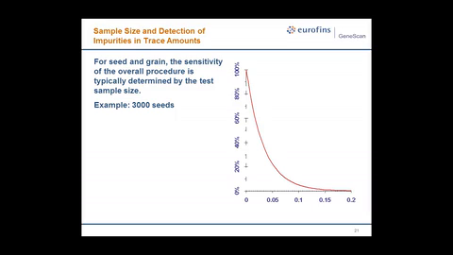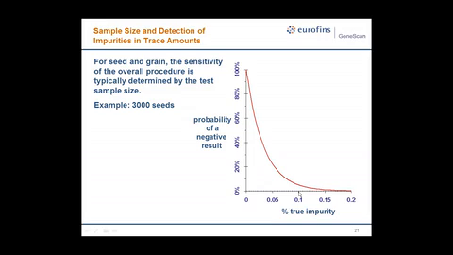So on this graph, we have on this axis the true level of impurity, on this axis the probability of a negative result. And this is again based on a 3,000 seed sample. This curve would be different if you change that sample size. But you say, okay, I don't want to buy anything that's more than 0.1%.